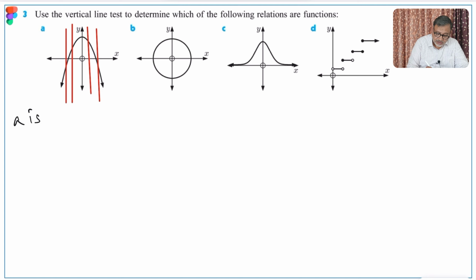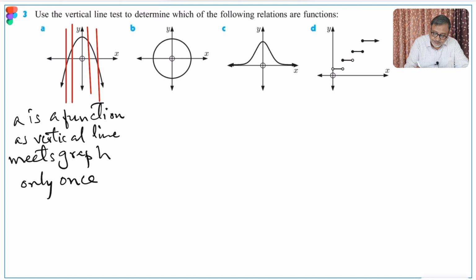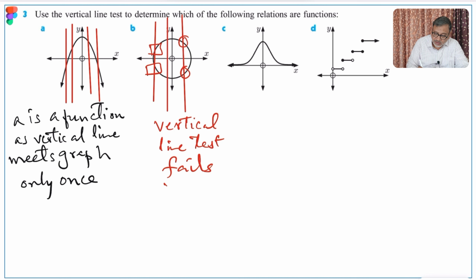Therefore A is a function, as the vertical line meets the graph only once. Now the second one. If I draw any vertical line, it is meeting in more than one point. So here as well as here as well as here. So the vertical line test fails. Therefore not a function.